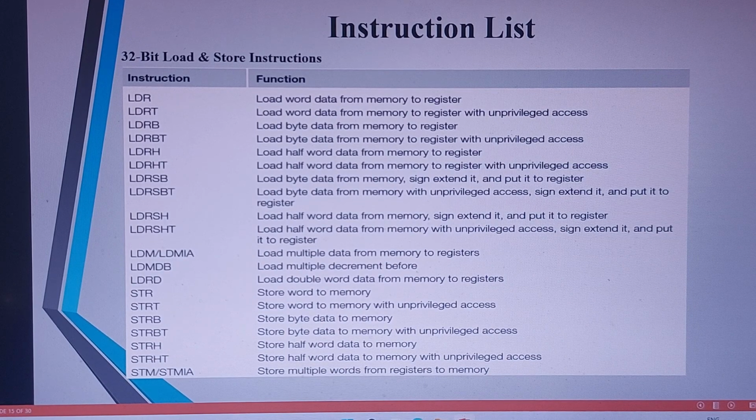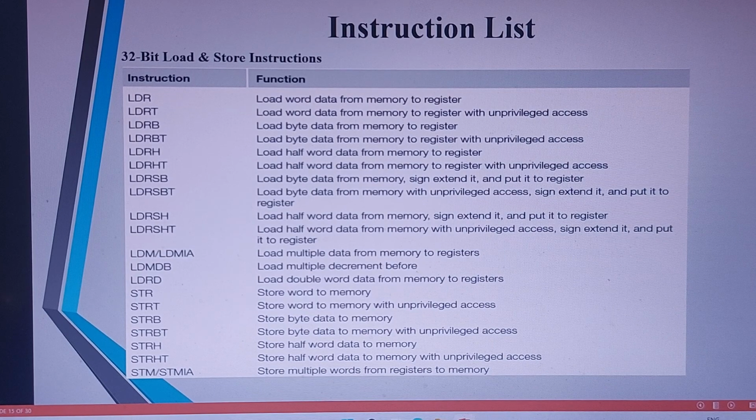Similarly, we have LDRH, which is load half word, and LDRHT, load half word data from memory to register with unprivileged access. So totally there are 6 instructions with the word operation and half word operations.